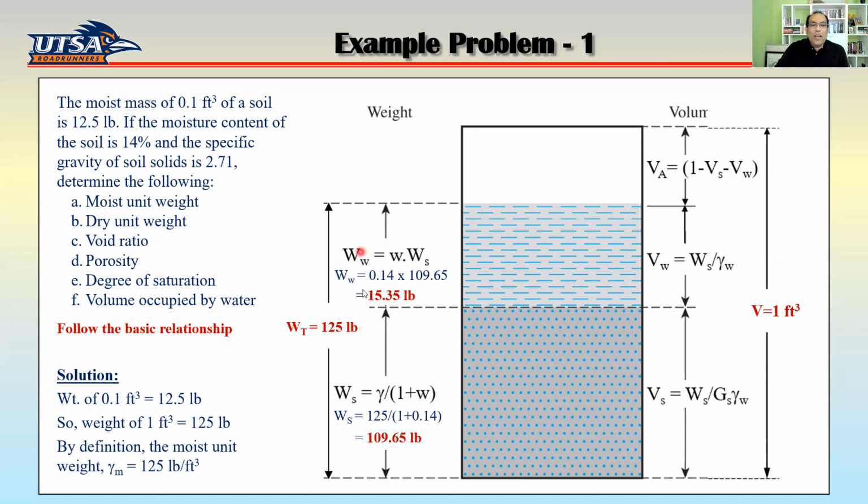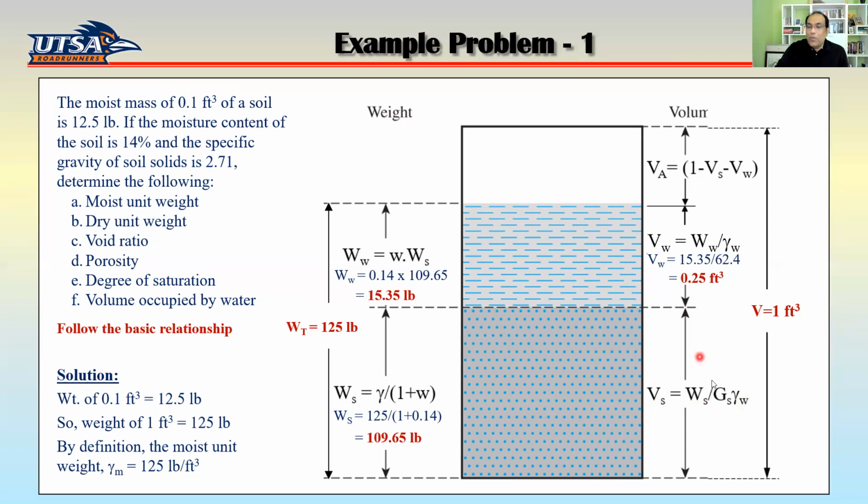Now, once you know the weight of water, you can find the volume of water, just dividing that by the unit weight of water. So the weight of the water divided by 62.4 is 0.25 feet cube. Similarly, you can find the volume of solid, because VS is the weight of the solid divided by the unit weight of solid.